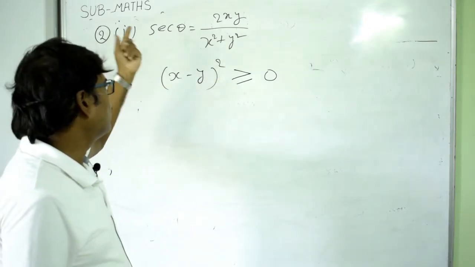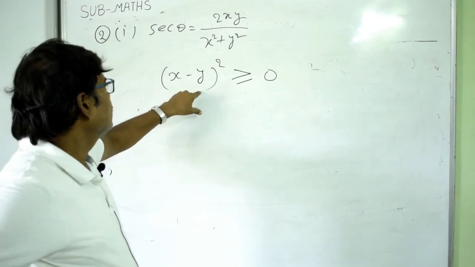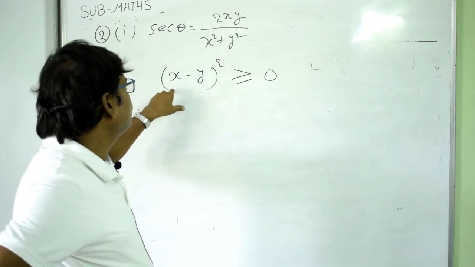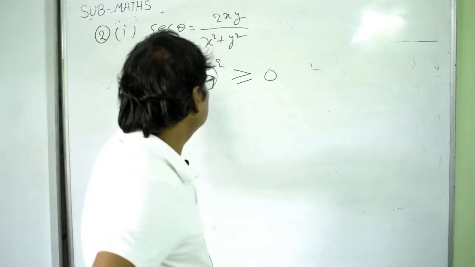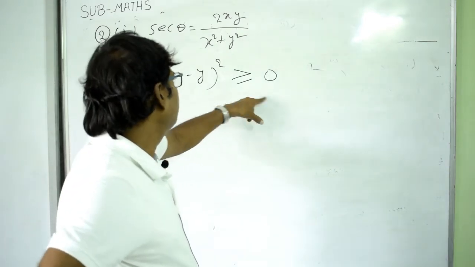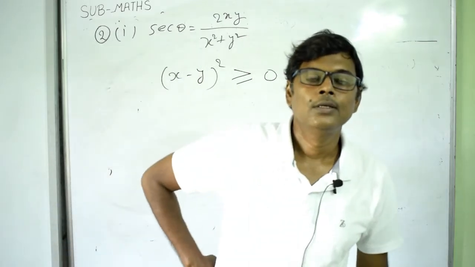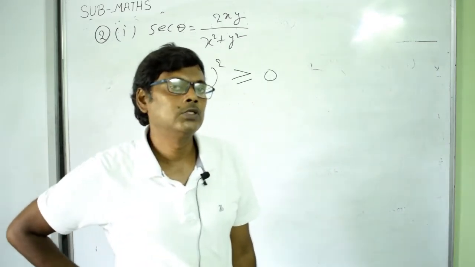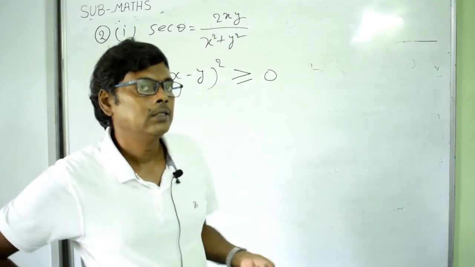Whatever the value of x or y, if you square it, then it will always be positive, or it may be equal to 0 if x and y are equal. Only then will the value of x minus y be 0, otherwise its value will always be more than 0.